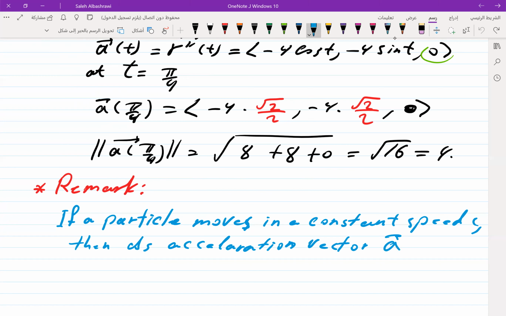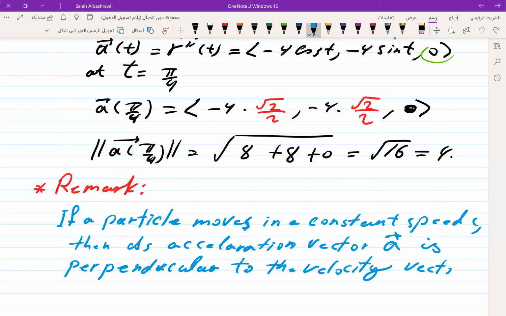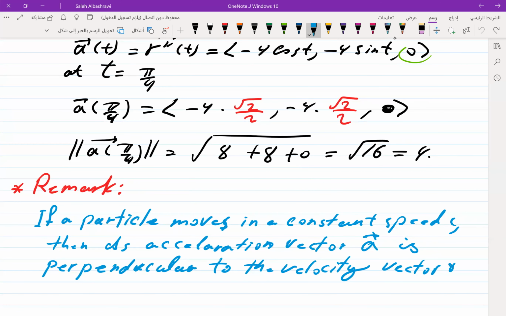Acceleration vector, let's say A, is perpendicular to the velocity vector V. Or if we have a particle moving at a constant speed c, then the acceleration vector A is perpendicular to the velocity vector V. We can say that their dot product is equal to 0.